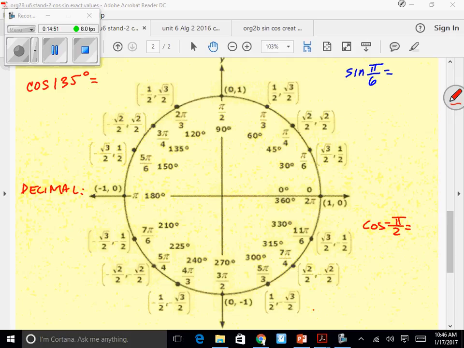I actually don't know the answer to this one, but we'll do cosine of 210. And then we'll try this one.